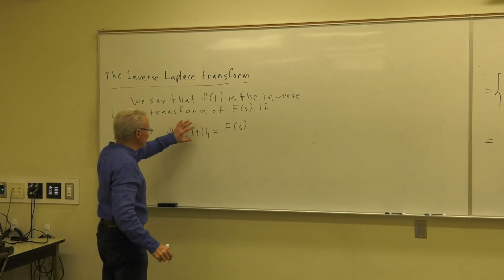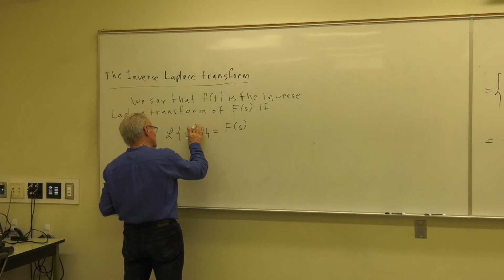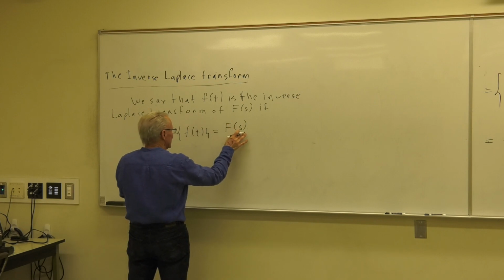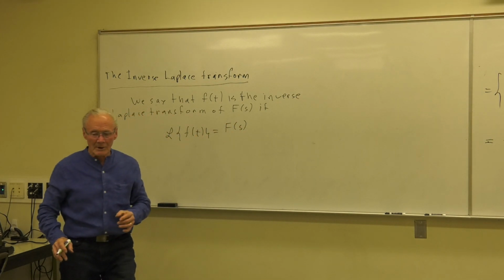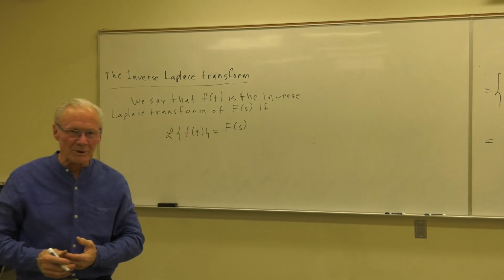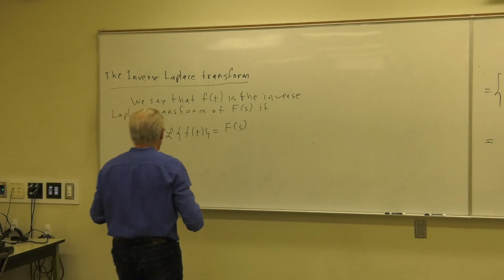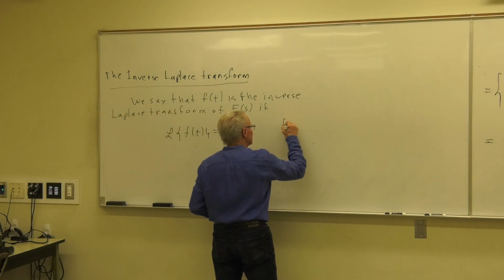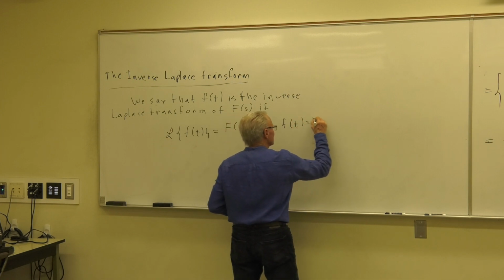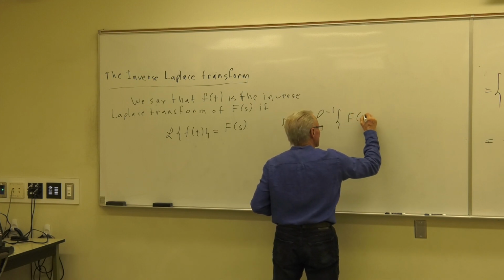Right? So we call this the inverse transform of that. If his transform is this, then his inverse transform is that in there. Simply going backwards. All right? Now there's a bit of a problem. And we write that f of t is equal to the inverse transform of f of s.